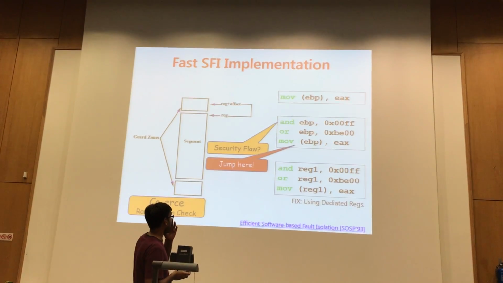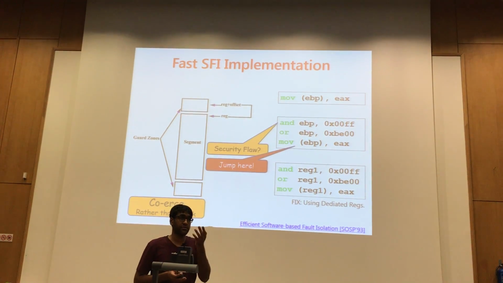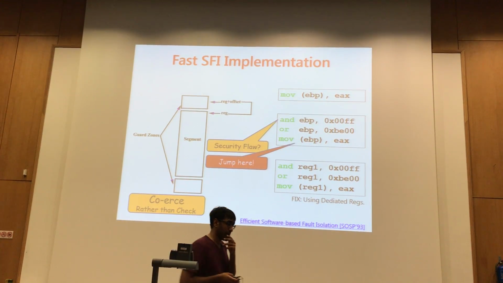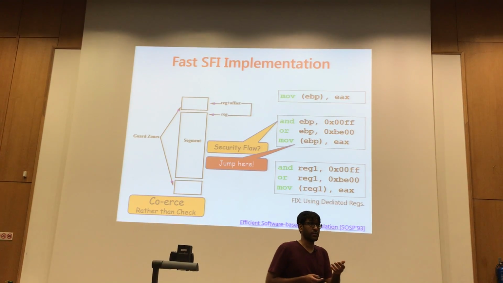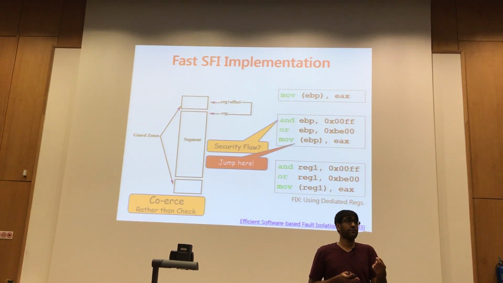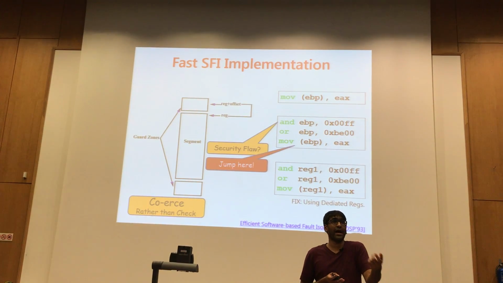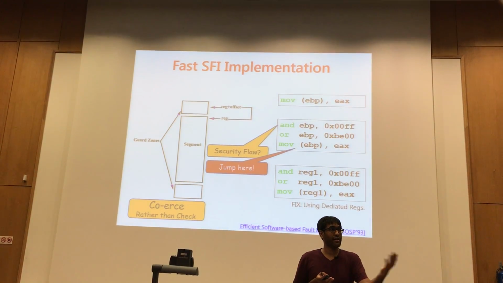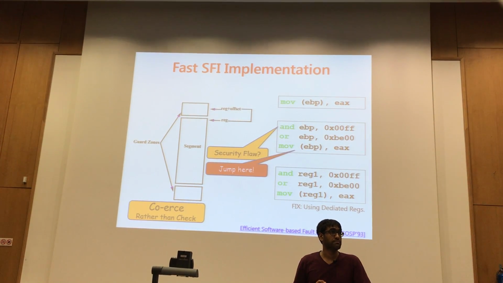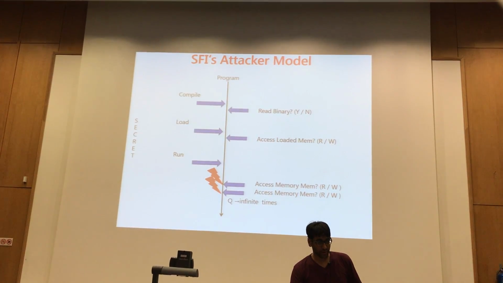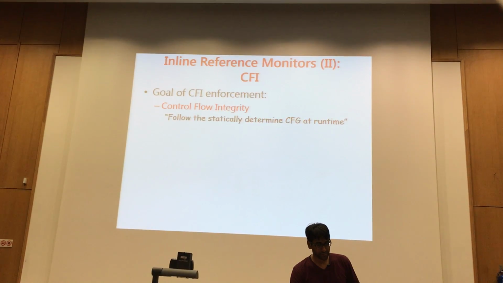The invariants are that that register will always point to the right region of memory, the sandbox region of memory. And you can guarantee that no matter where you jump in the sequence of instructions, it's always going to be pointing to the right region of memory, and therefore, since that's the only thing being used to access the memory, you're always going to access the right region of memory. That's an invariant enforcing procedure. So just carefully argue as to why this is the case.